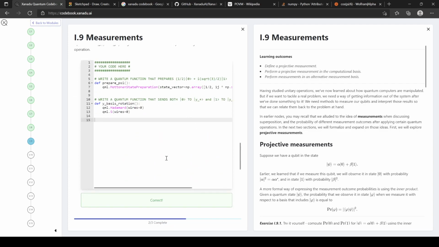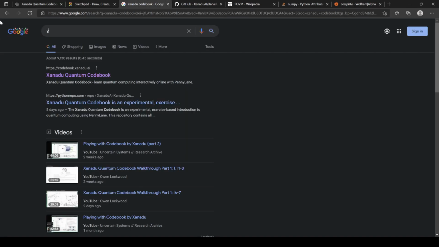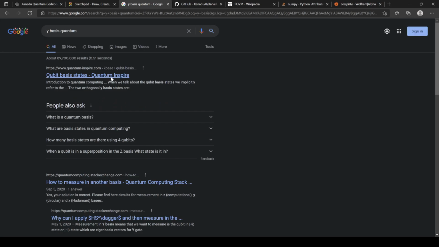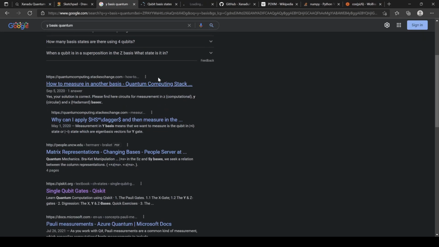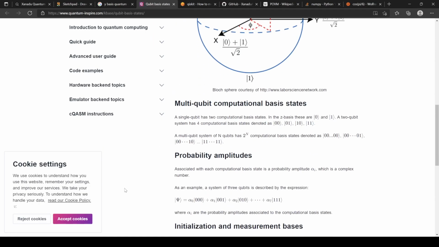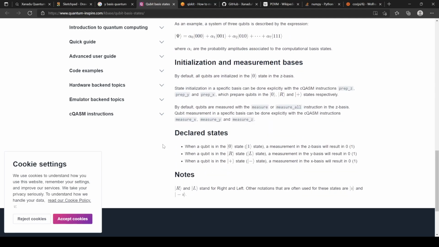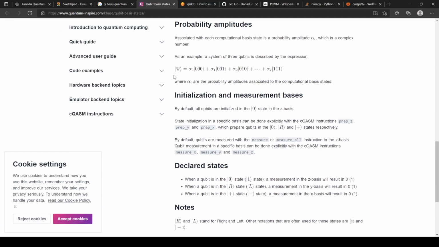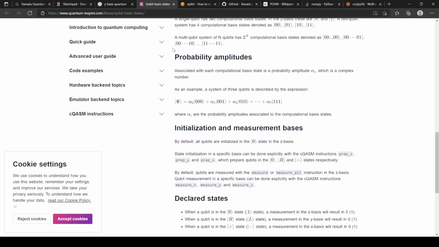So that's mapping to the right basis. Let me check y basis. Yeah, that's the y basis. Well, it doesn't really tell me how to get to the basis, but that's fine.